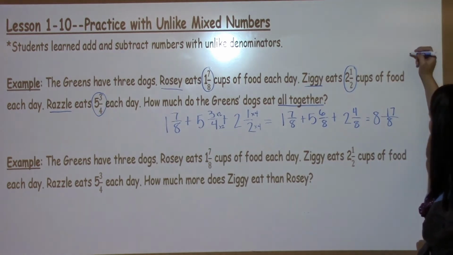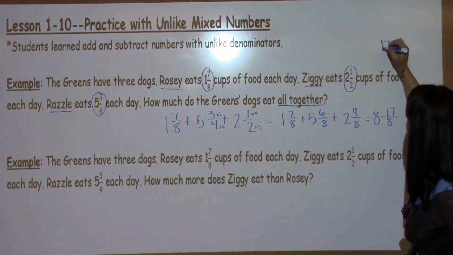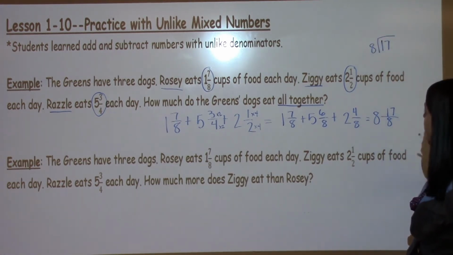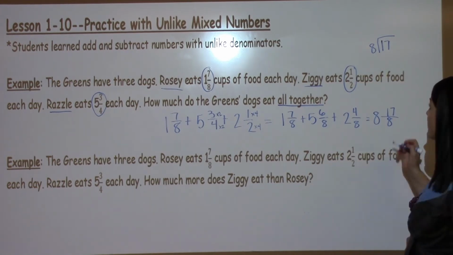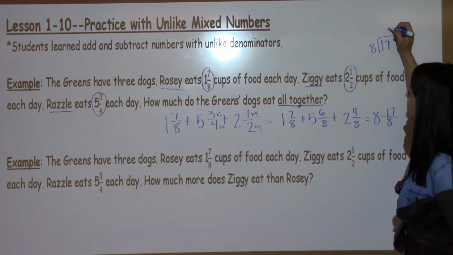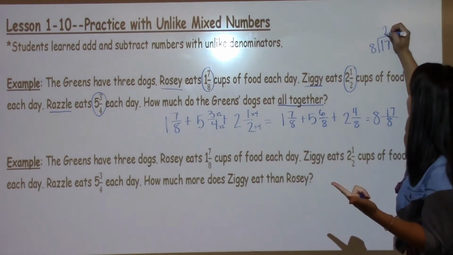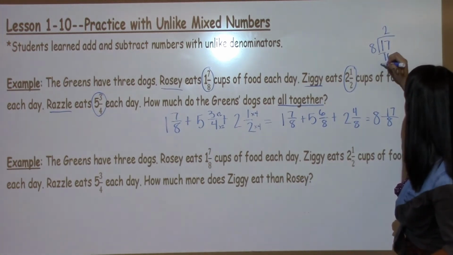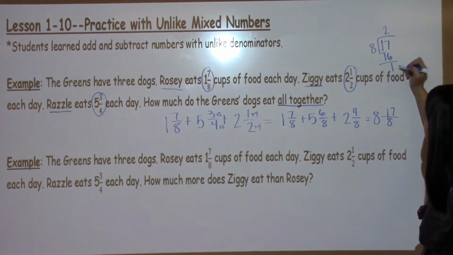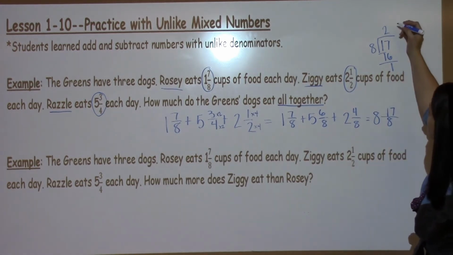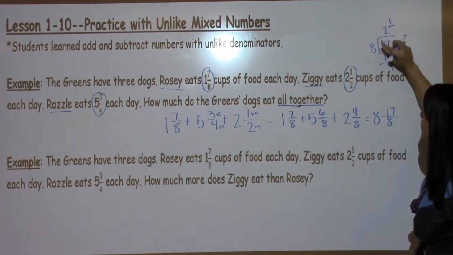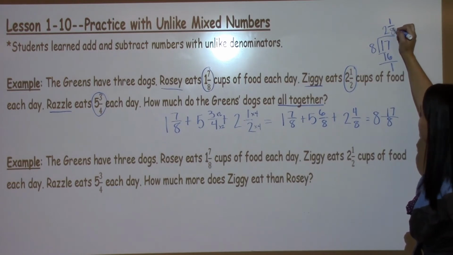So I'm going to divide 17 divided by 8 to help me make this fraction proper. 8 can go into 17, 8, 16, 2 times to get 16. When I subtract, I have 1 left over, which becomes my new numerator, and 8 becomes my denominator.